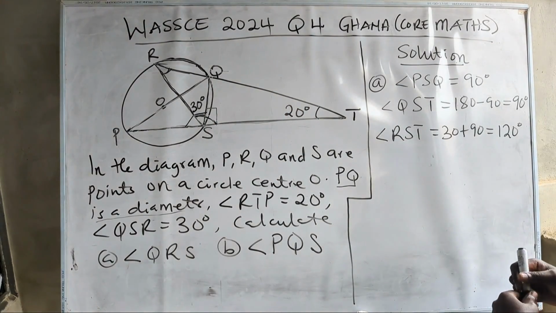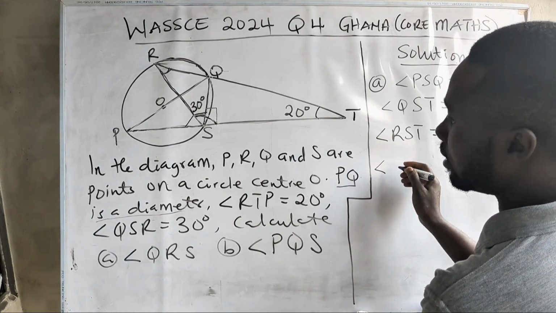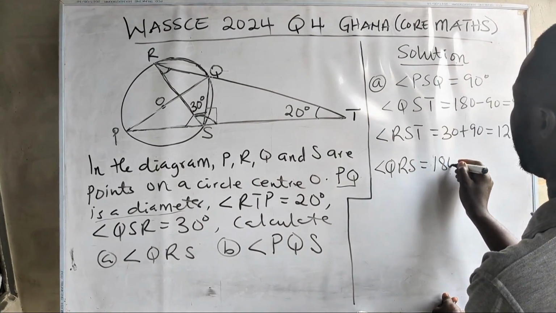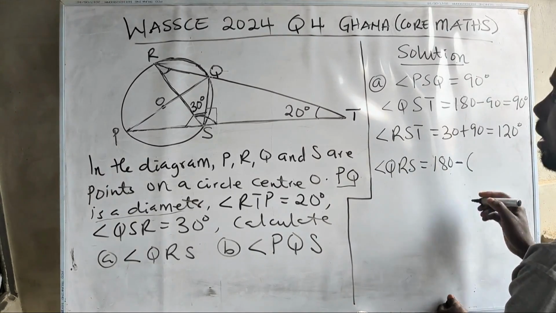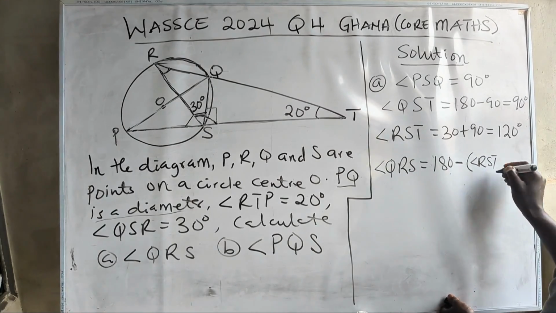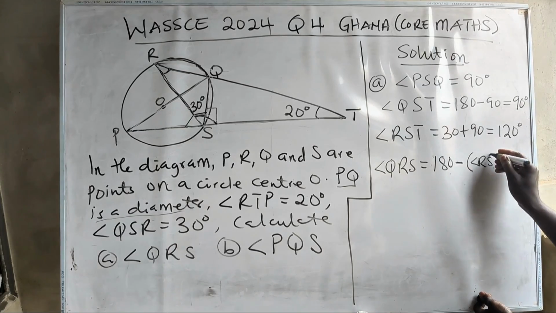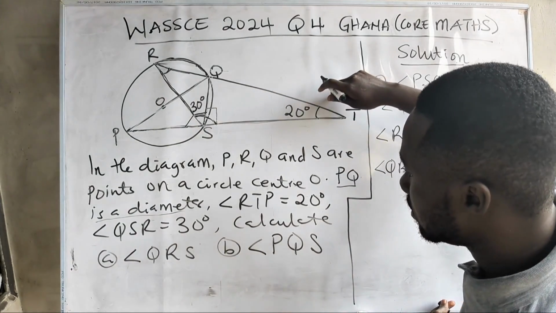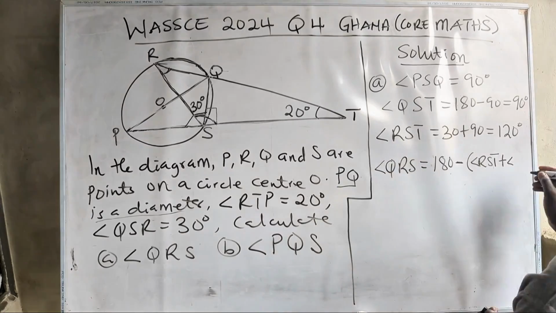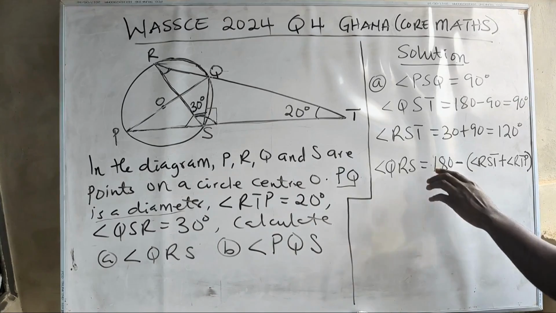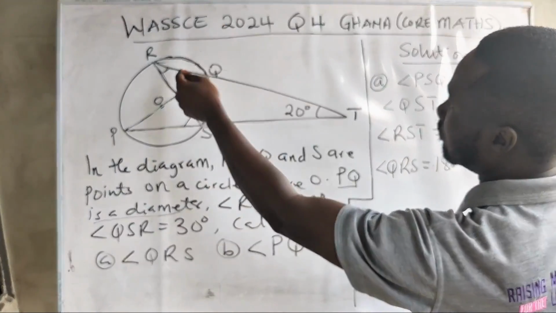So our angle QRS is 180 minus the addition of angle RST and angle RTP.